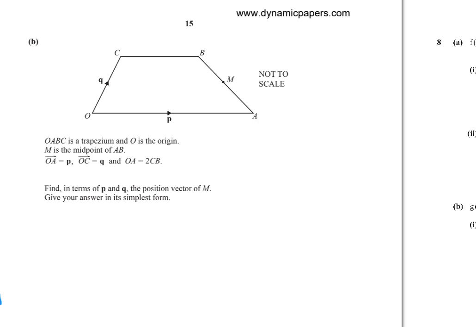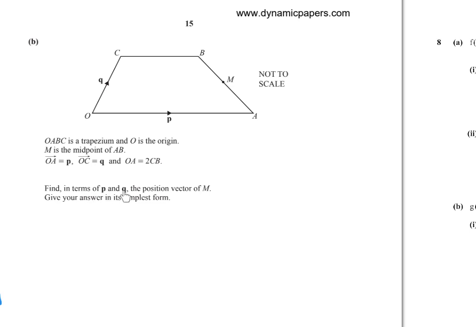Now B, OABC is a trapezium and O is the origin. M is the midpoint of AB. OA is p, OC is q. OA is twice CB. So OA is double CB.